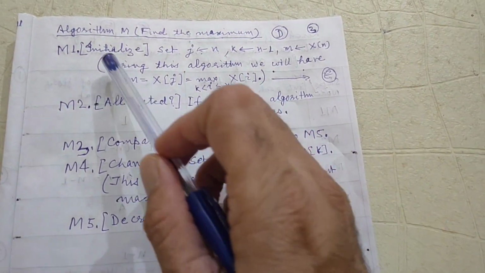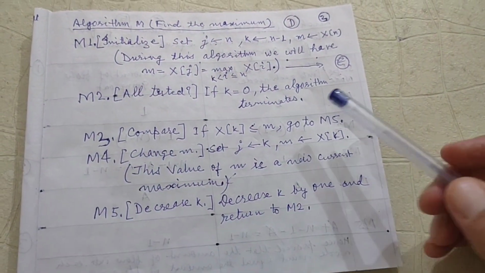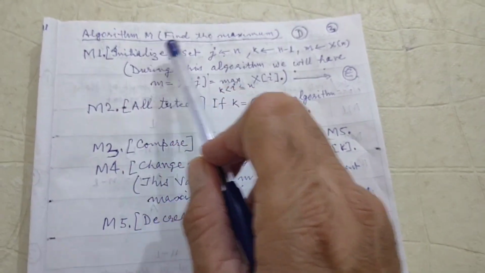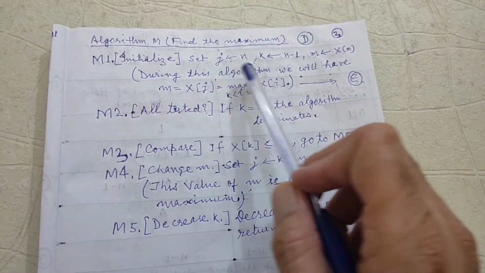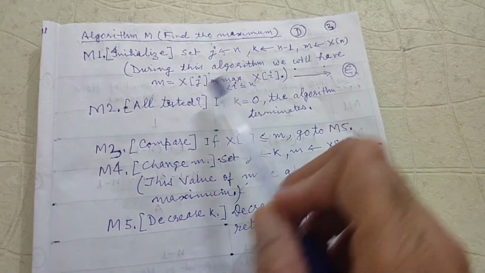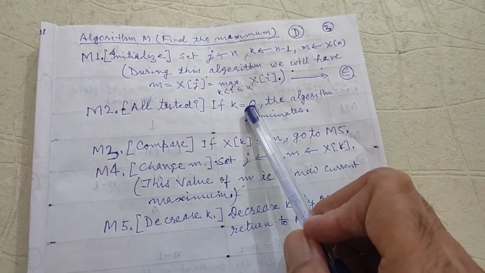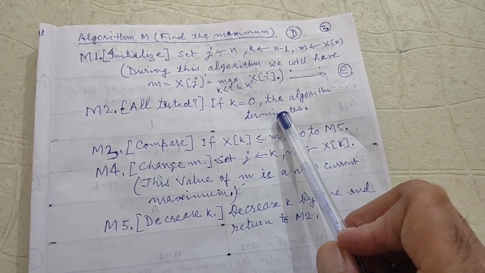This is one way of writing the algorithm, which I have already discussed in flowchart. So, Algorithm M, find maximum. M1 initialization, which I have already explained. M2 all tested: if k is equal to 0, the algorithm terminates.